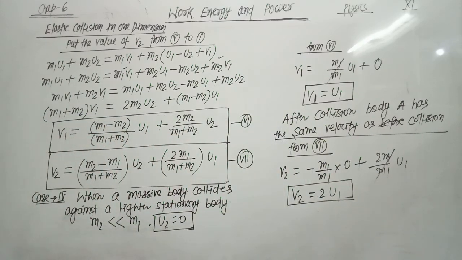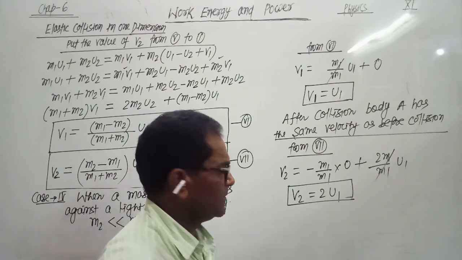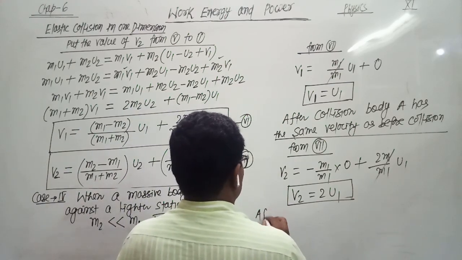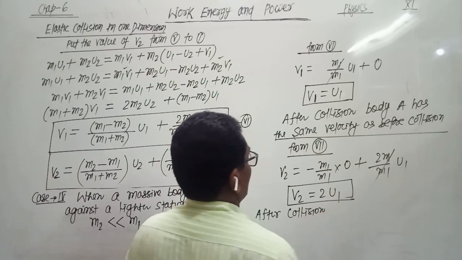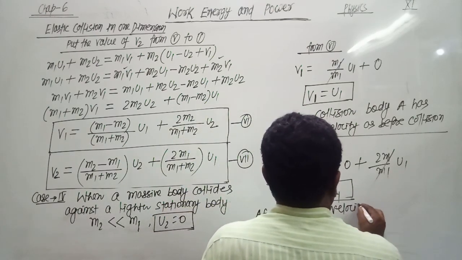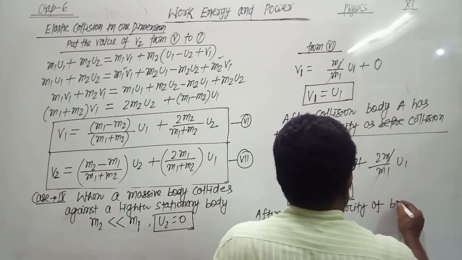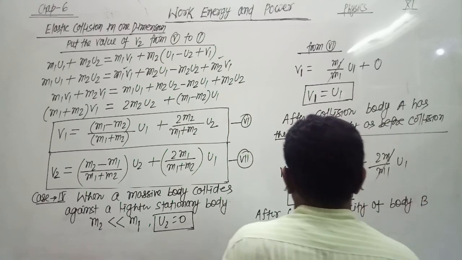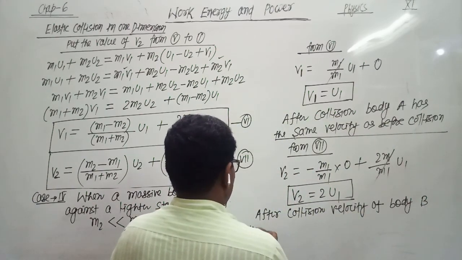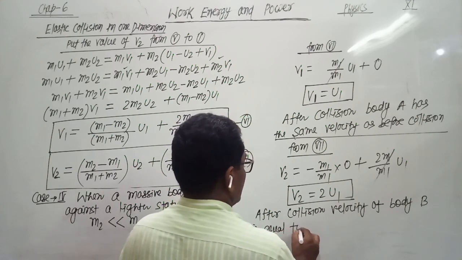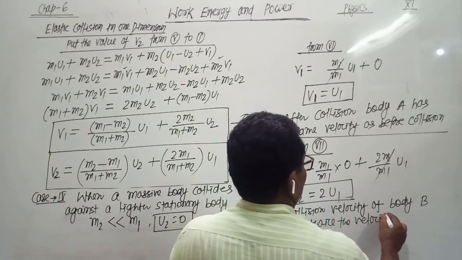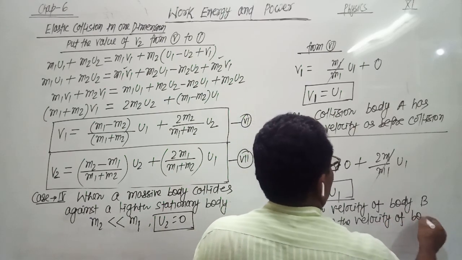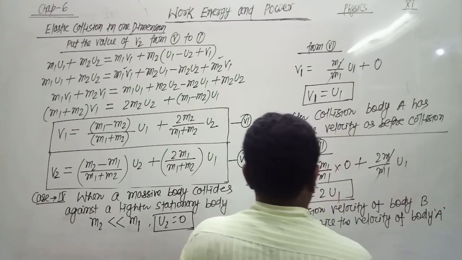V2 equals 2 times U1 means after collision the velocity of body B is equal to twice the velocity of body A before collision.